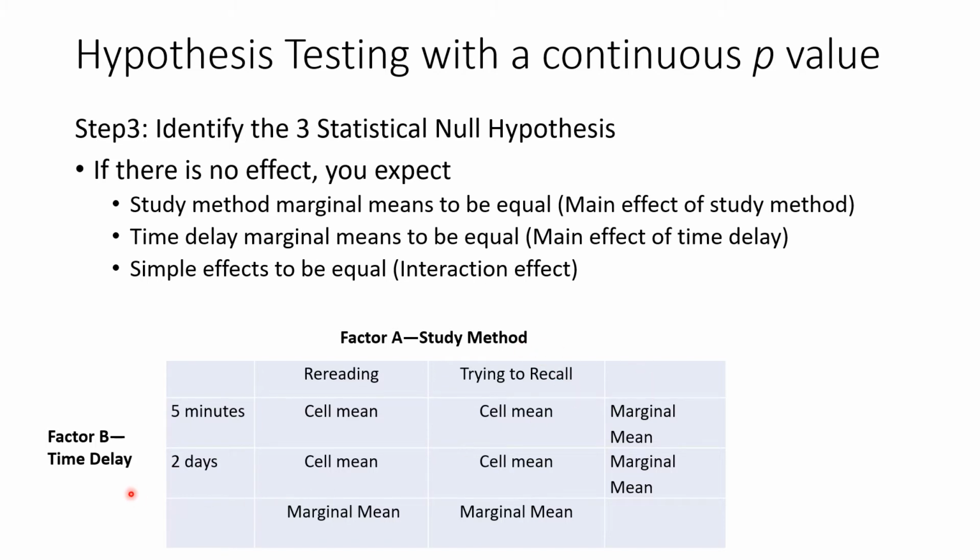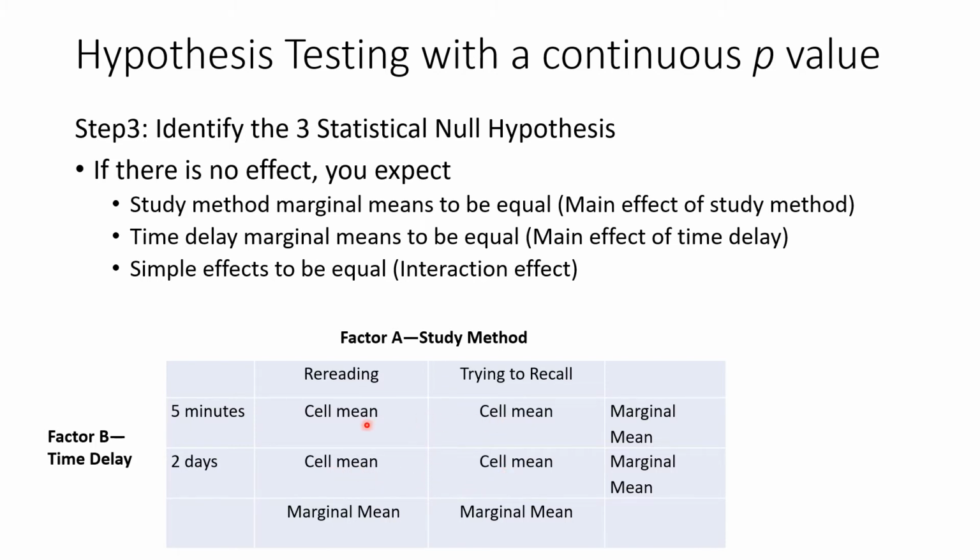Similarly, with the time delay null hypothesis, these 2 marginal means will be equal to each other if the null is true, and then you'll generate an F value close to 1. And then the null hypothesis for the interaction is that the difference between these 2 cell means, the simple effect, is very close in size to the mean difference between these 2 cell means, which is this simple effect.